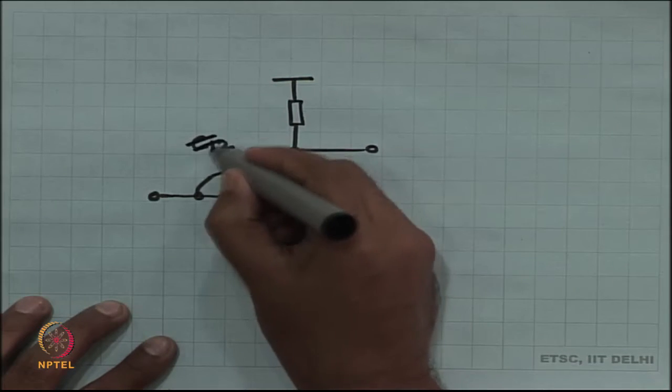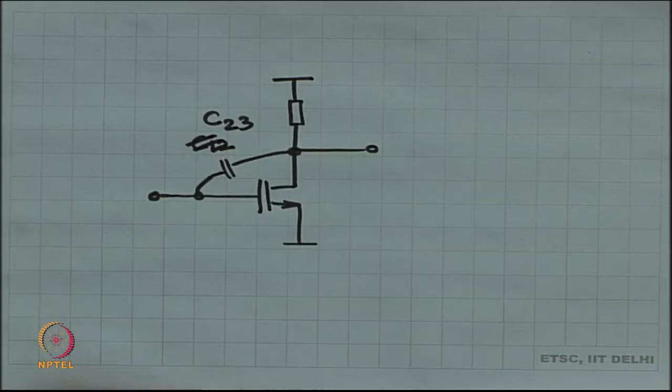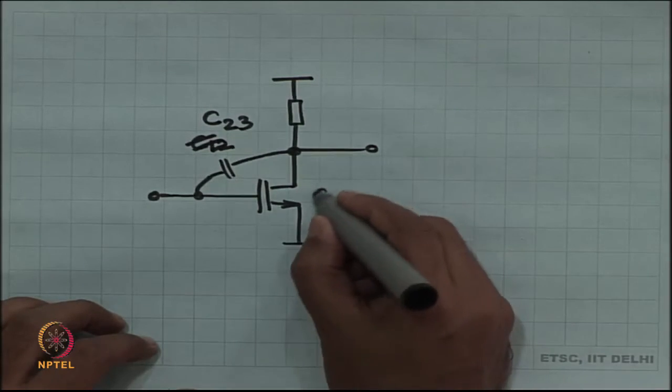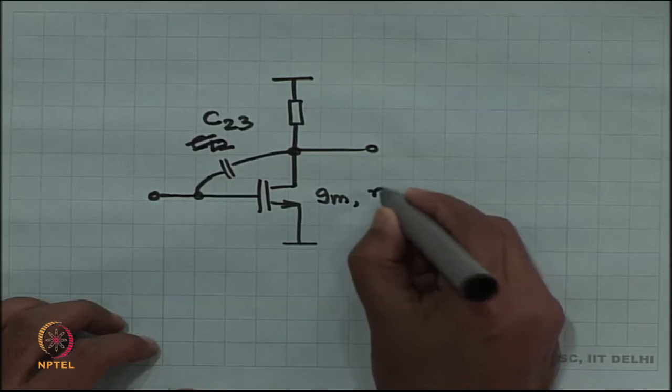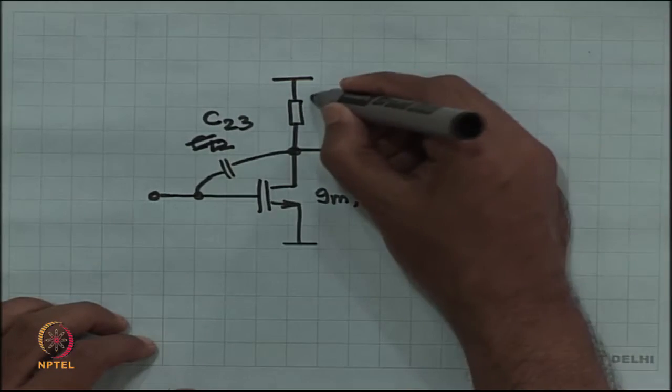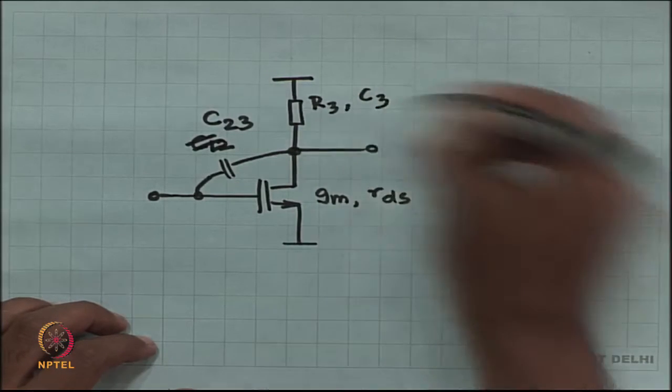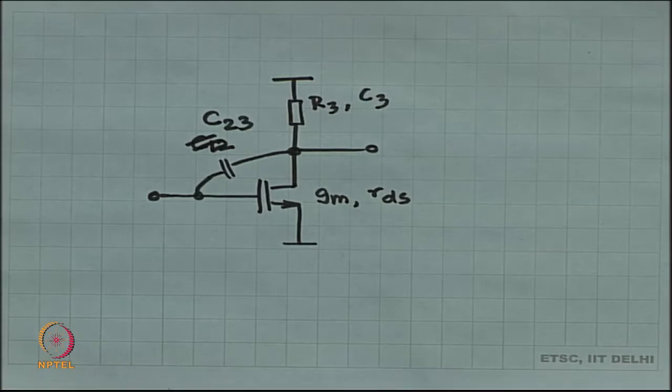Oh, this was called C23. Okay. So, this is my second stage, and suppose I ask you to compute only the 0.